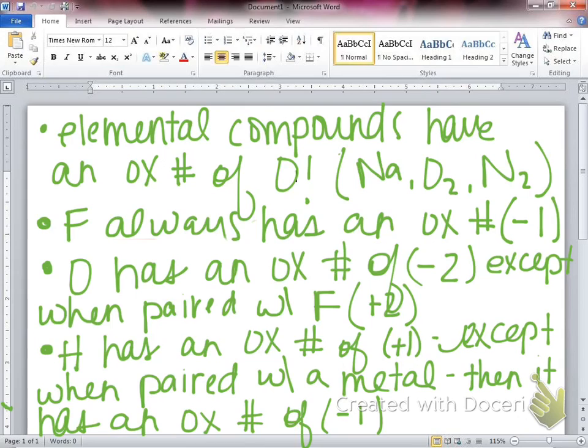Oops, I ran out of room. Okay, so hydrogen has an oxidation number of +1 except when it's paired with a metal, then it has an oxidation number of -1. Okay, so those are our 3 elemental exceptions. And those 3 are always true.